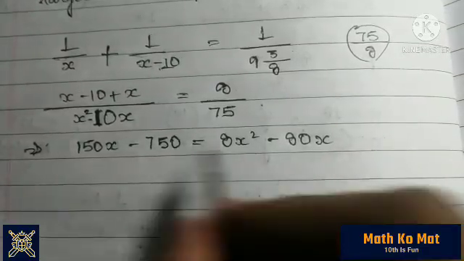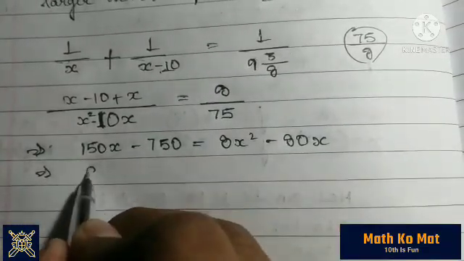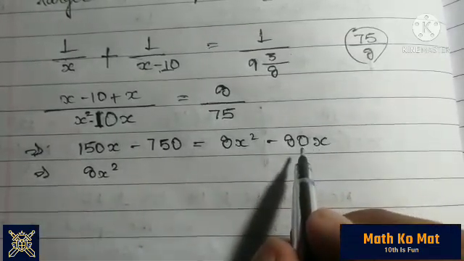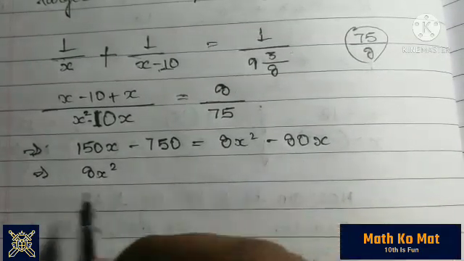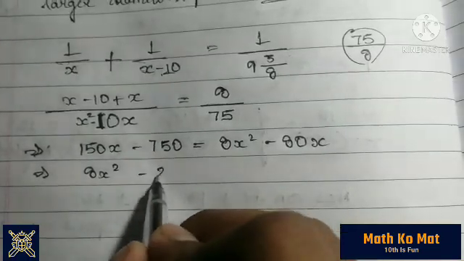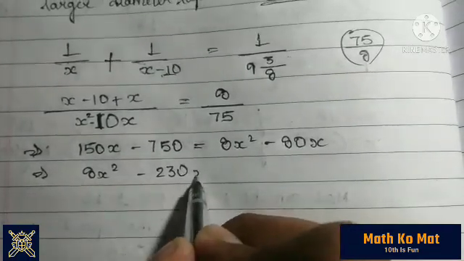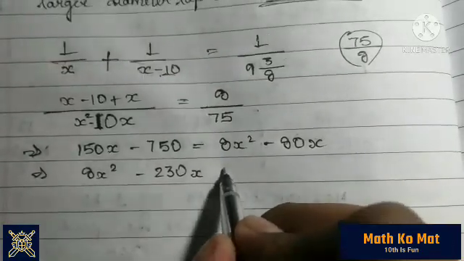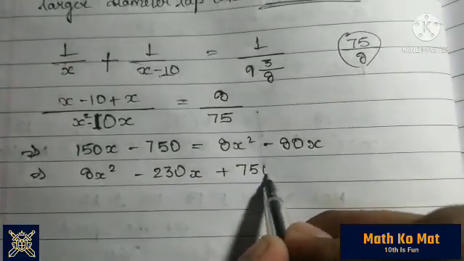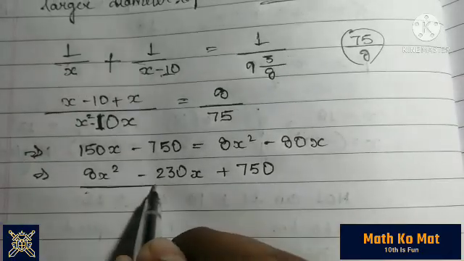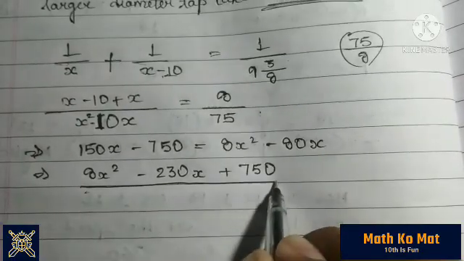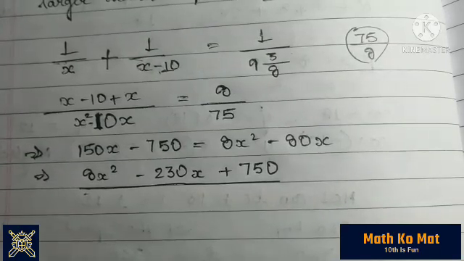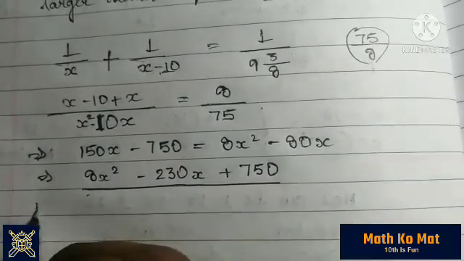Just send all the terms to one side. So you have 8x square minus 80x minus 150x, so 80 plus 150, minus 230x. And here you have minus 750, that would become plus 750. So 8x square minus 230x plus 750 is your quadratic equation. Now we will use b square minus 4ac, the discriminant.